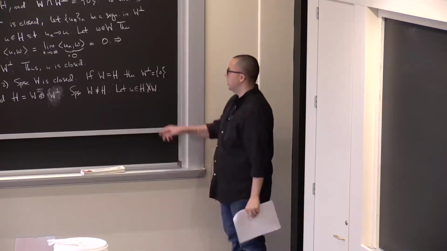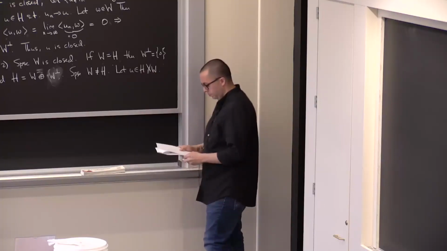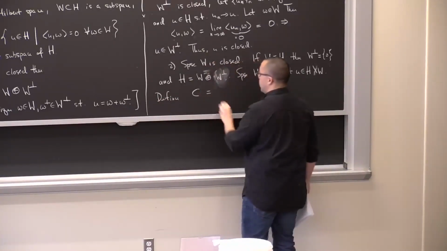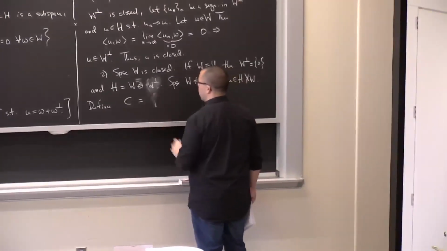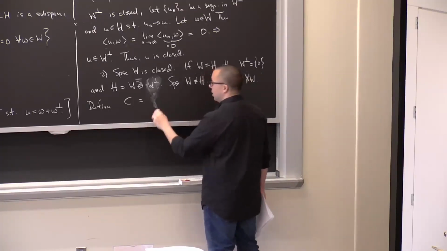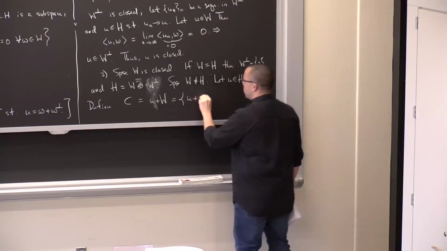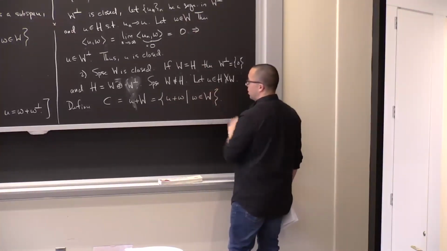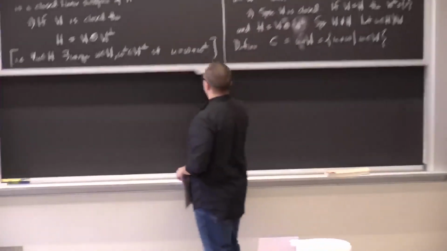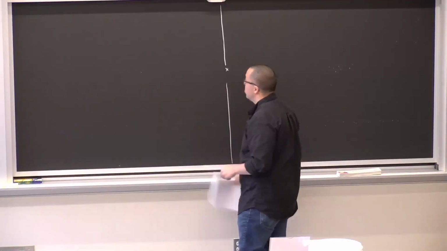I don't mean H modulo W, I mean H take away the set W. Let's define the set C to be the set u plus W, meaning the set of u plus little w with w in capital W. Now I claim that C is, first off, clearly non-empty.